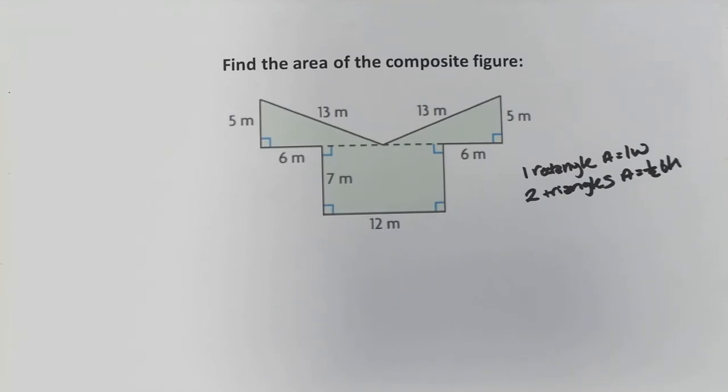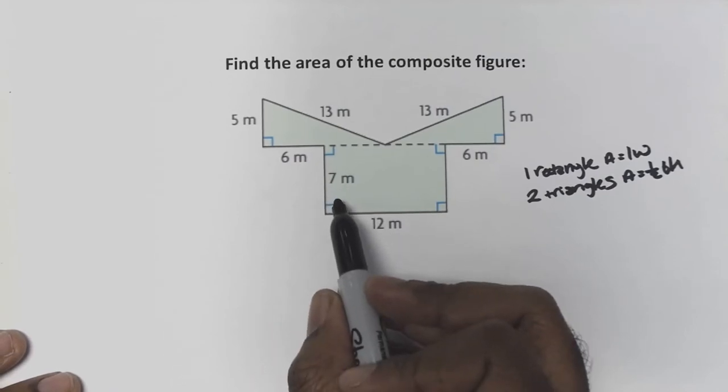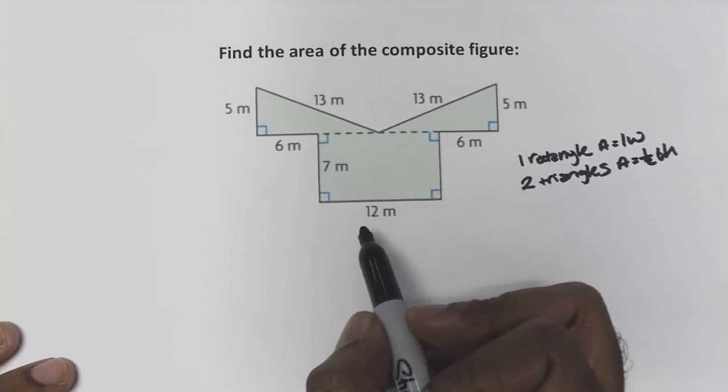Good job. Now take another moment to find the dimensions of the rectangle. Correct. The dimensions of the rectangle are 7 as my length and 12 as my width.